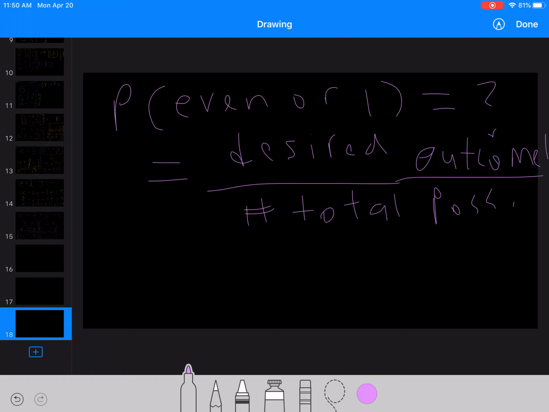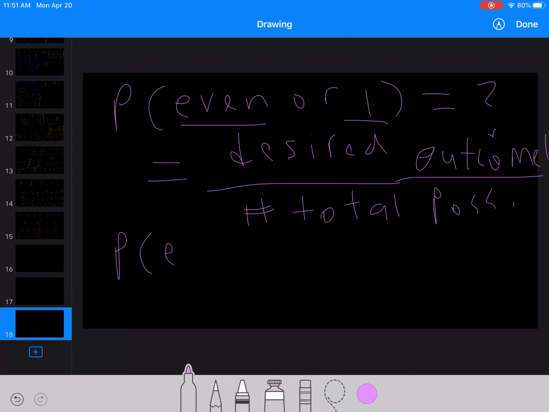All right, so on the top, we can also break this up into two parts as well. So we can kind of do this first one, probability of even or 1, kind of break it up into 2 different fractions and just add them together. So both the fractions are going to have the same numerator and denominator info. So let's just do that.